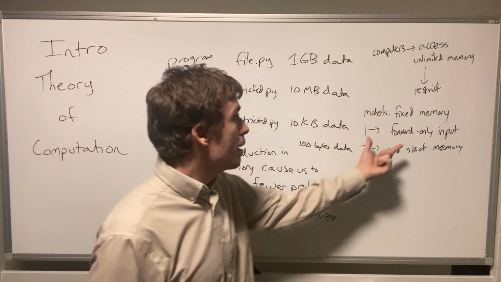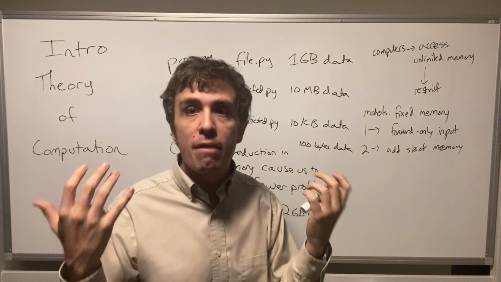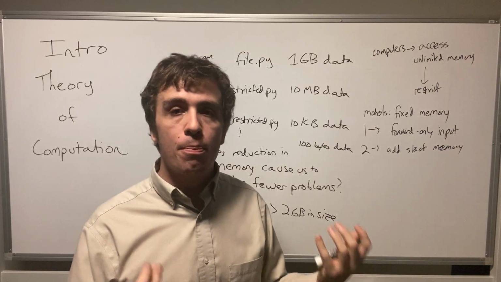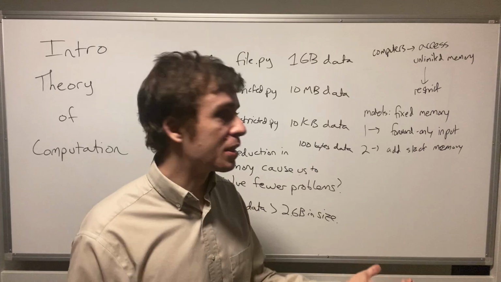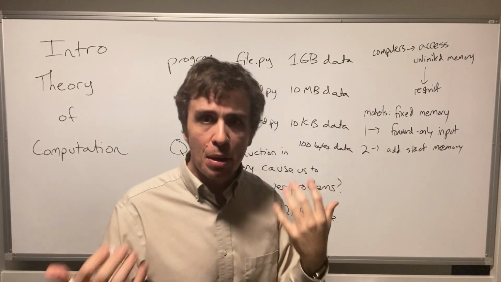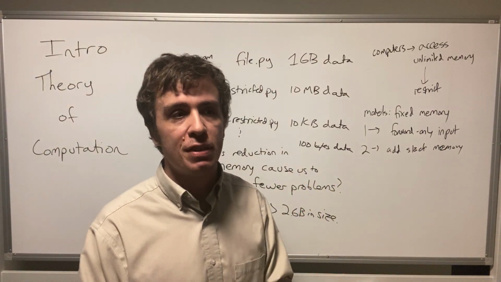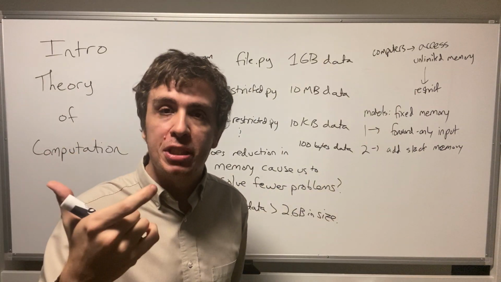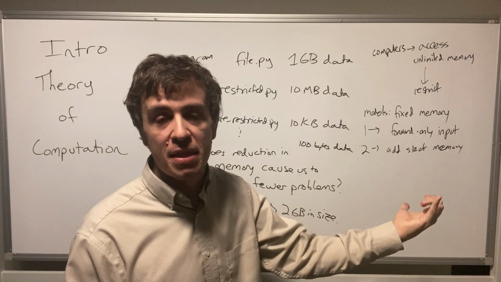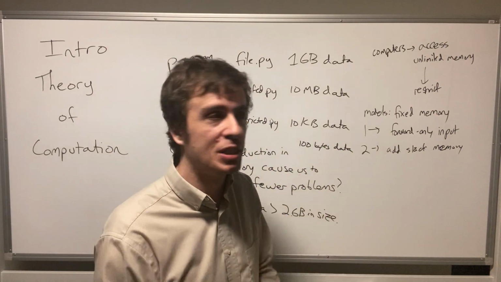Effectively, with the first one, if we only have a fixed amount of memory, we, in principle, as we'll see, can't count things precisely. Whereas with the stack, we can somewhat count things precisely, because if I'm trying to match something against something else, then I put the first thing on the stack, and then the second thing I can match up with the things on the stack.